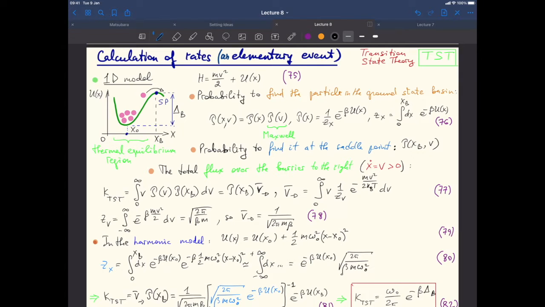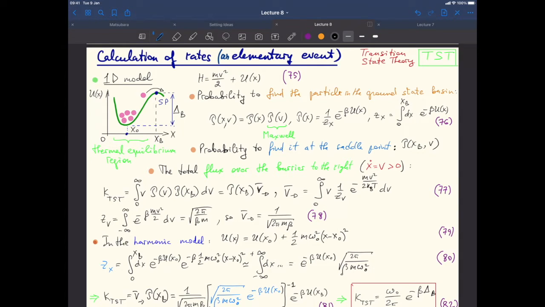These features will also be found in the consideration which we'll carry on later for a multidimensional potential energy surface. So this is a real simple example which will enable us to see all the essential features.